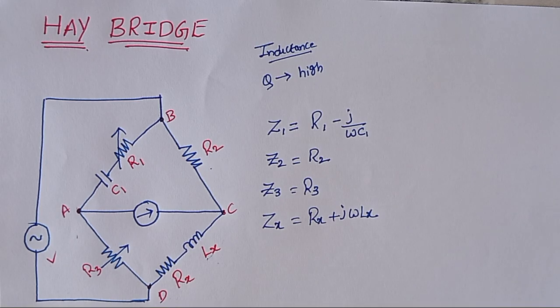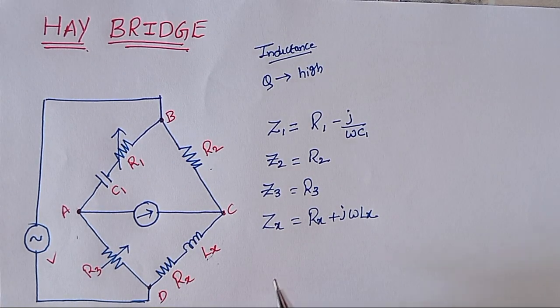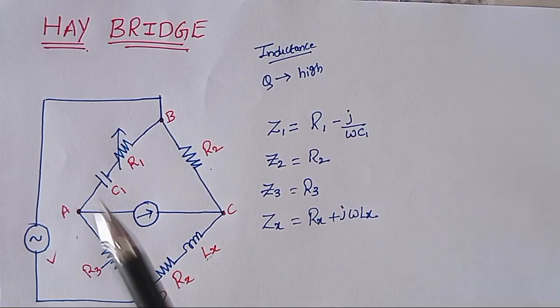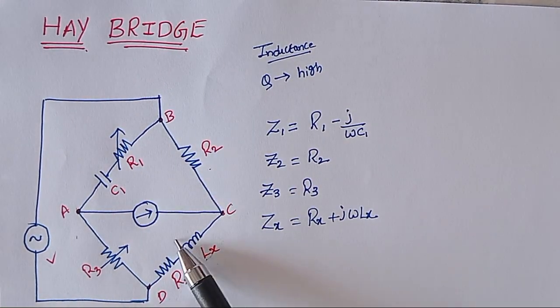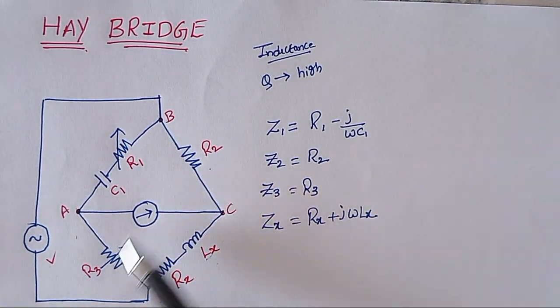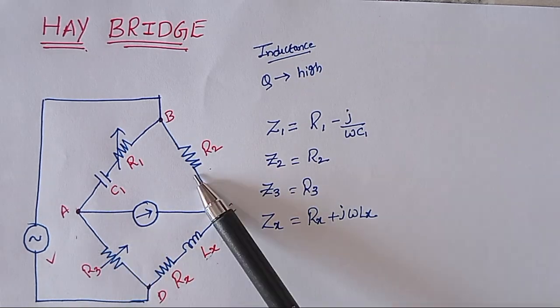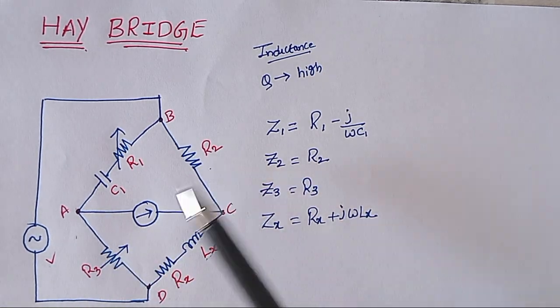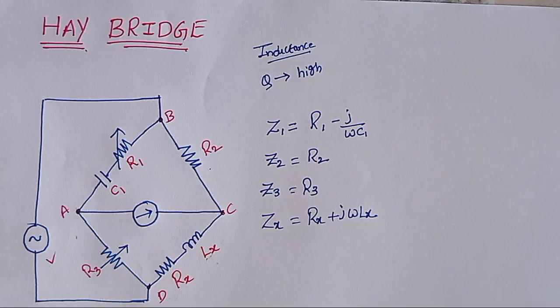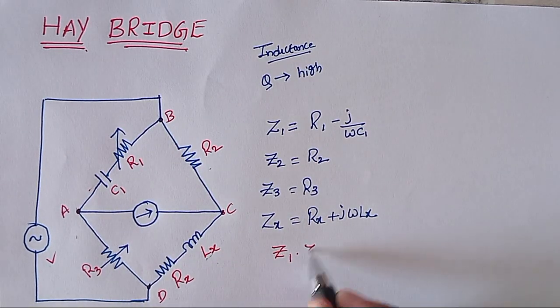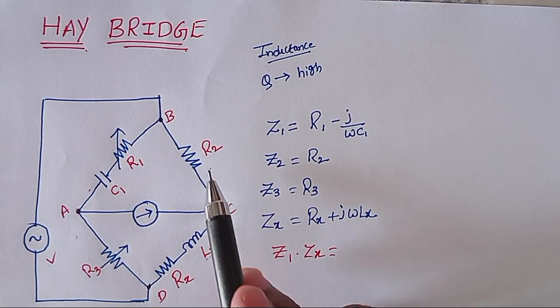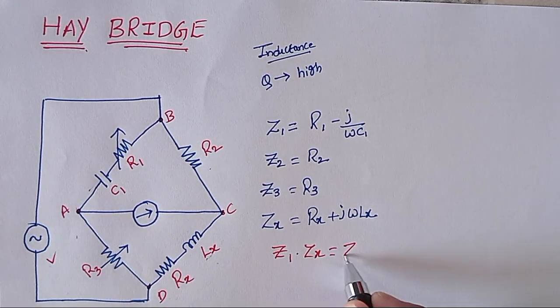Now, in the case of AC bridges, the balancing condition is that the product of impedances of opposite arms equals the product of the other opposite arms. Here arms 2 and 3 are opposite, and arms 1 and 4 are opposite. So I am writing Z1 into Zx equals Z2 Z3.